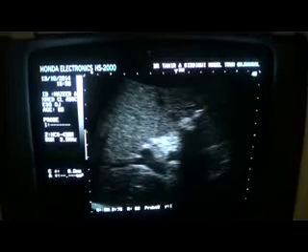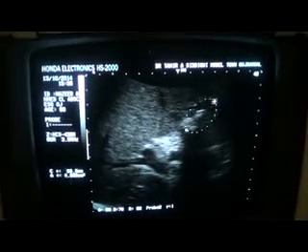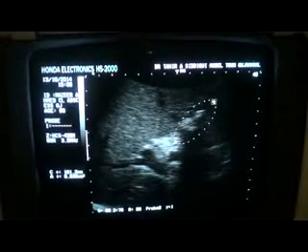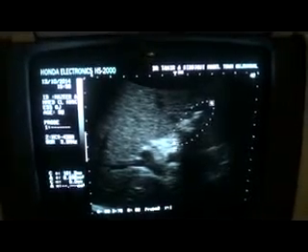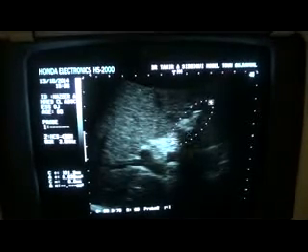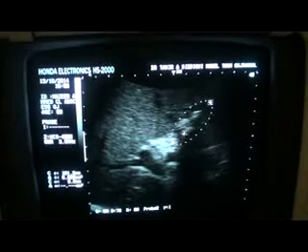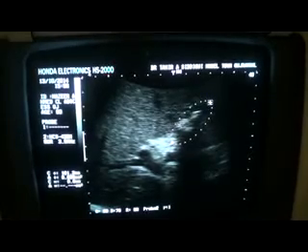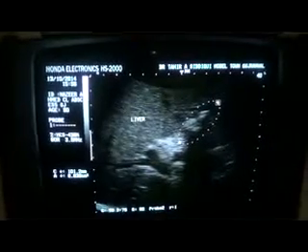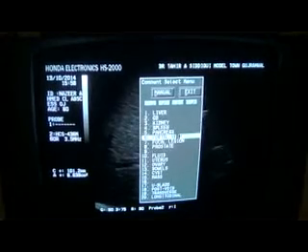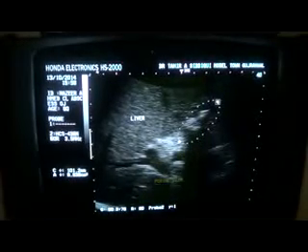This area is representative of the CBD, common bile duct, and if you note, there are echogenic areas within it, and these echogenic areas are giving sharp posterior shadow, and are consistent with calculi. However, the wall of the gallbladder is muffled, and this is the liver. Liver shows fatty changes as periportal echoes are seen decreased.